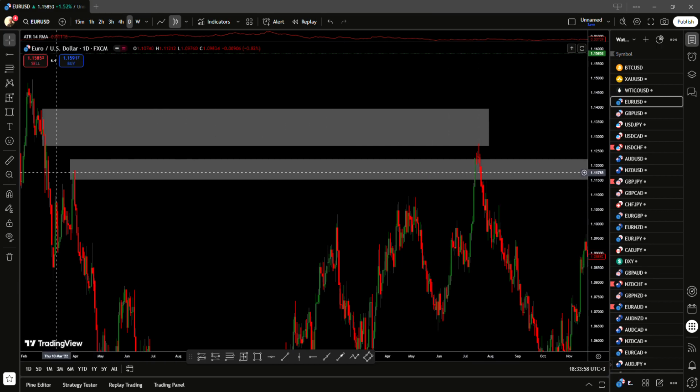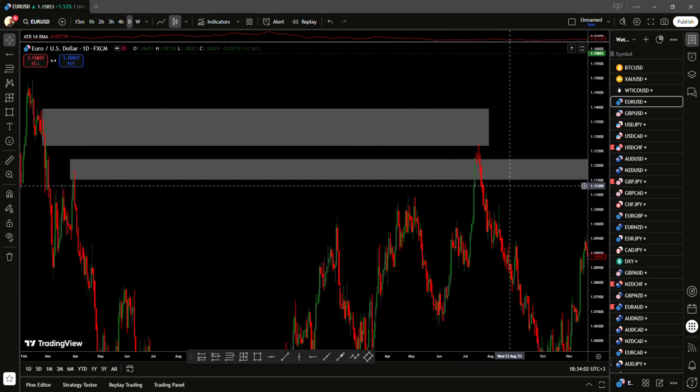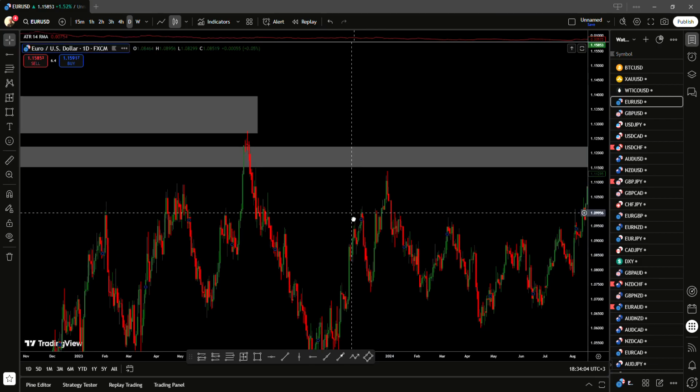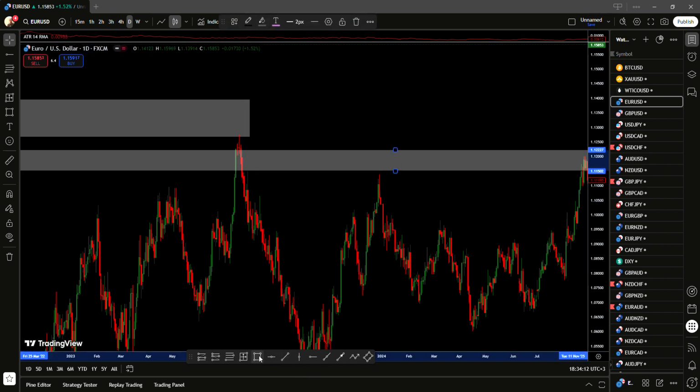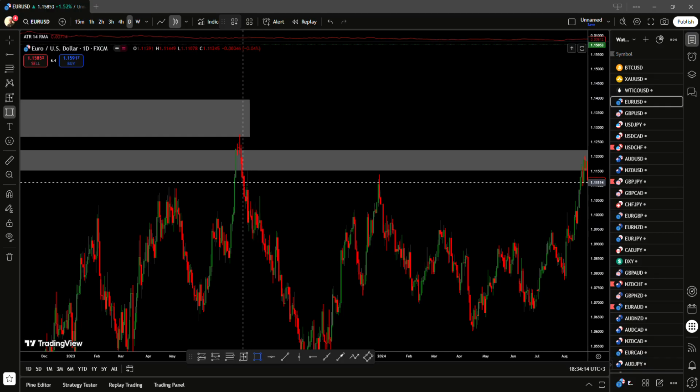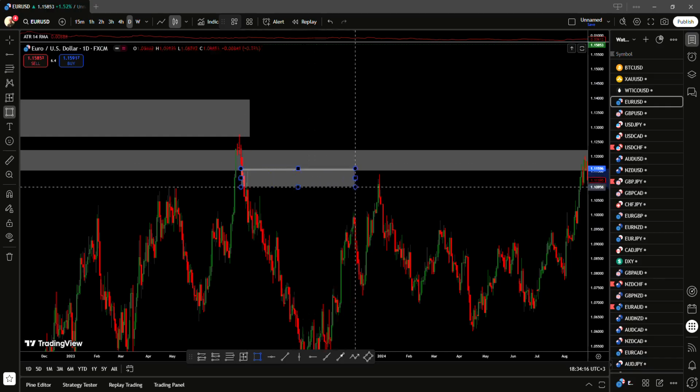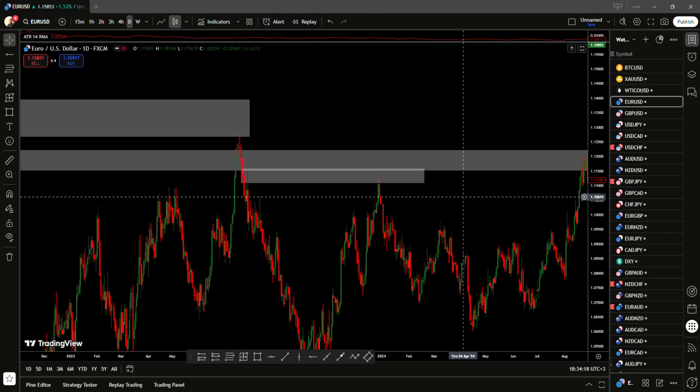But it is as well dropping at a place of resistance. That is where it dropped from. Then we come to this one, drop, base, drop. So price came to a base, drop, base, this one here. You see, drop, base, and then it went down.